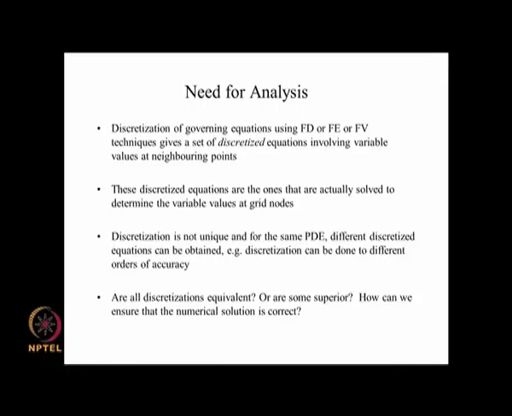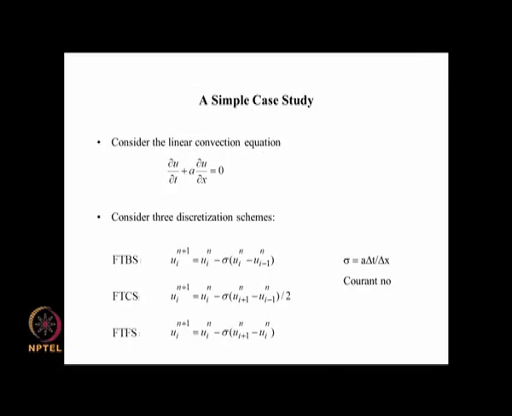For this we take a very simple case study, that of a linear convection equation, which is given by dou u by dou t plus a dou u by dou x equal to 0.